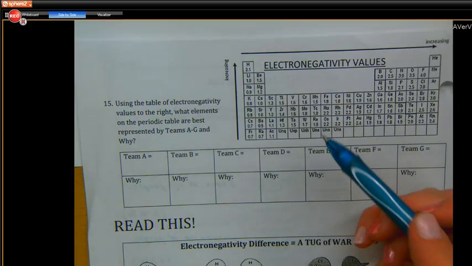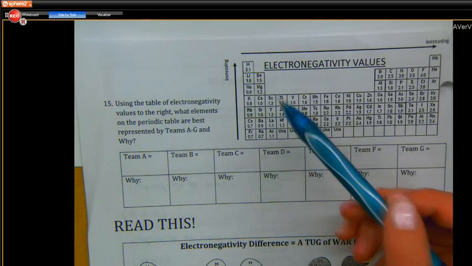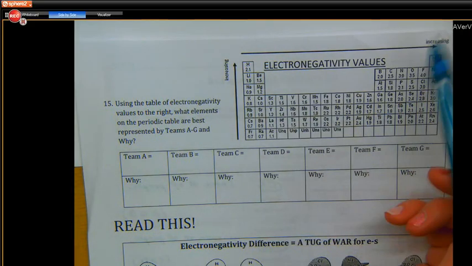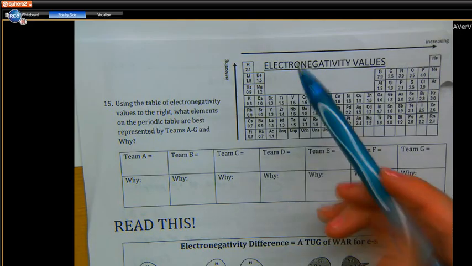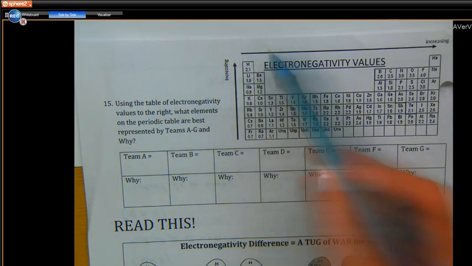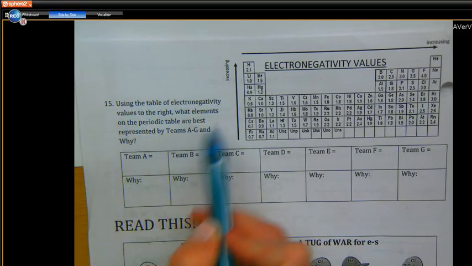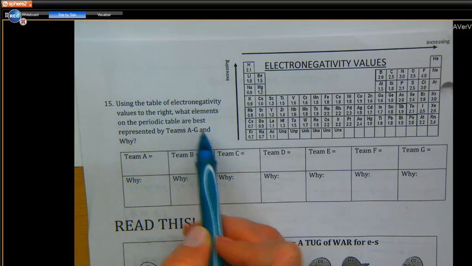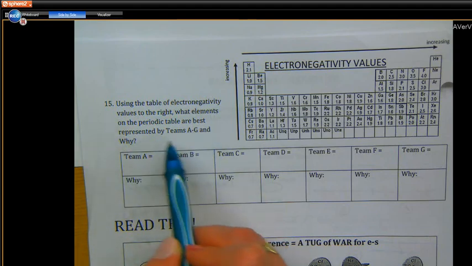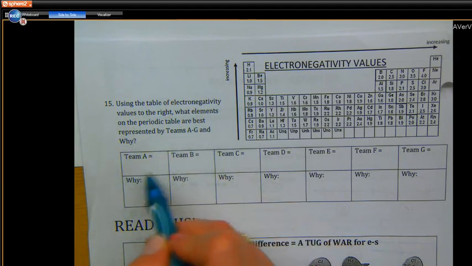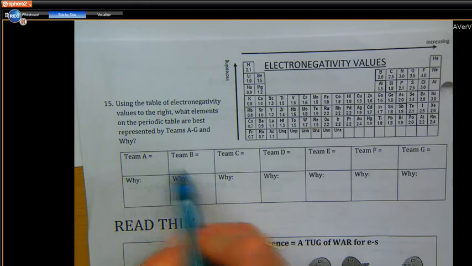So find values over here that represent those teams, and write down the element name and about how they're going to pull on those electrons in a shared bond.